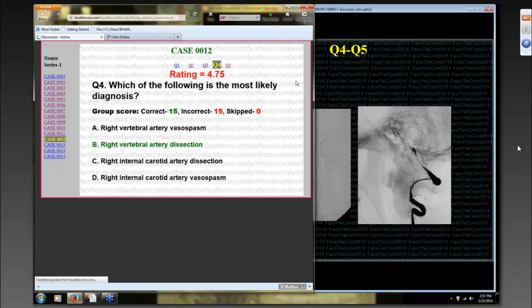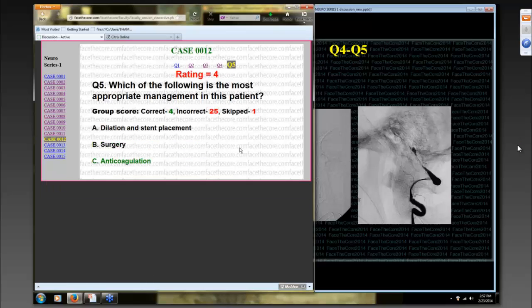And coming to the last question in this case, as to how do you treat these patients. Surgically, it is very limited, very rare, or you do not do any dilatation or stenting. It's pretty rare to do that. The standard treatment for any dissection would be to put on anticoagulants to prevent the extension of the intraluminal clot.